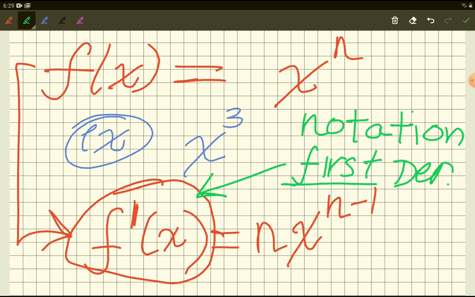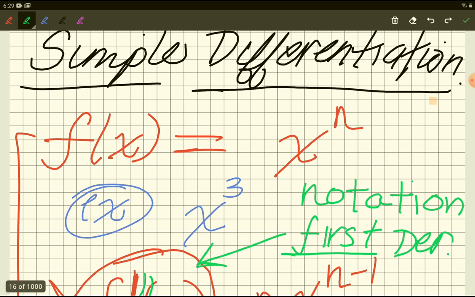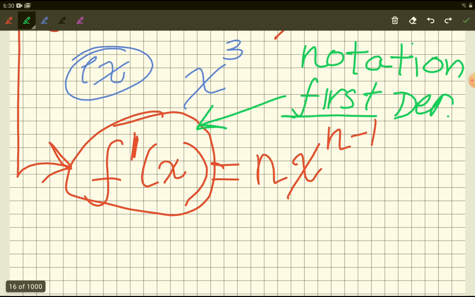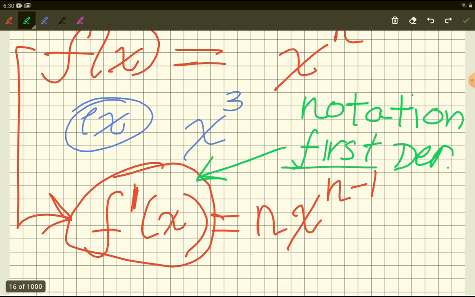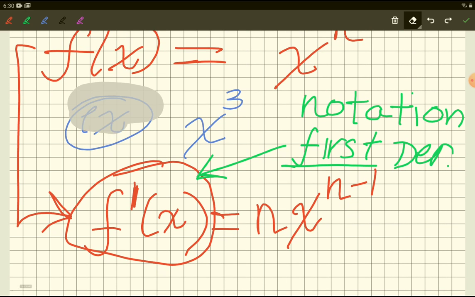So there are second derivatives, third derivatives, fourth derivatives. And you would just add however many dashes that you want. But I want you to focus on the first derivative, at least for now. Okay, so let me erase that actually.